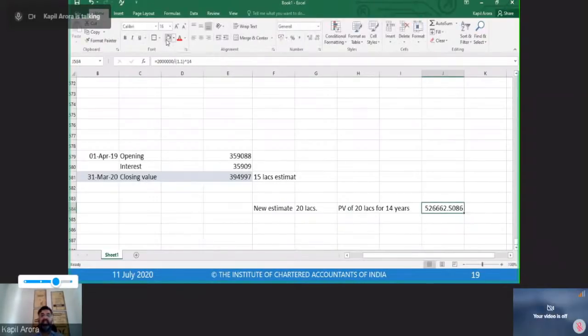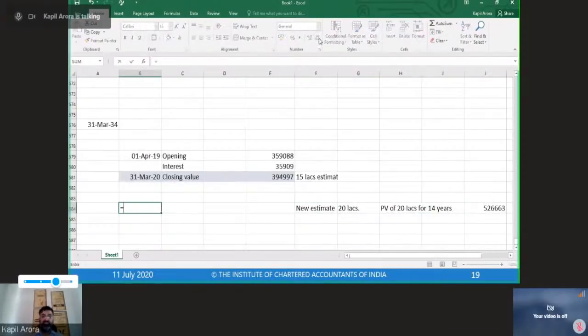So I get present value changed. This present value is coming as, so on 31st March 2020, new value of provision would be this. What is the change?